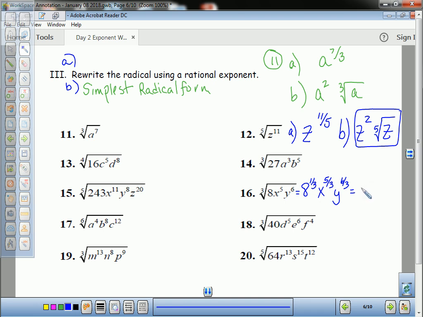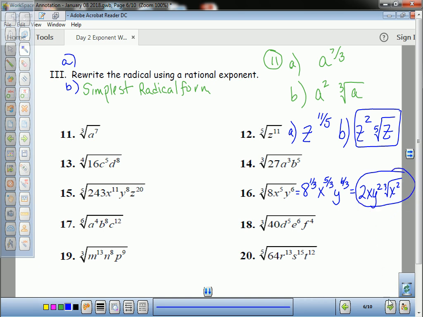The cubed root of 8 is 2. And then 3 goes into 5 one time. But we have 2 left over. 3 goes into 5 once with 2 left over. So that leftover must remain under the radical. And then 3 goes into 6 evenly twice. So all of that together is our final answer.